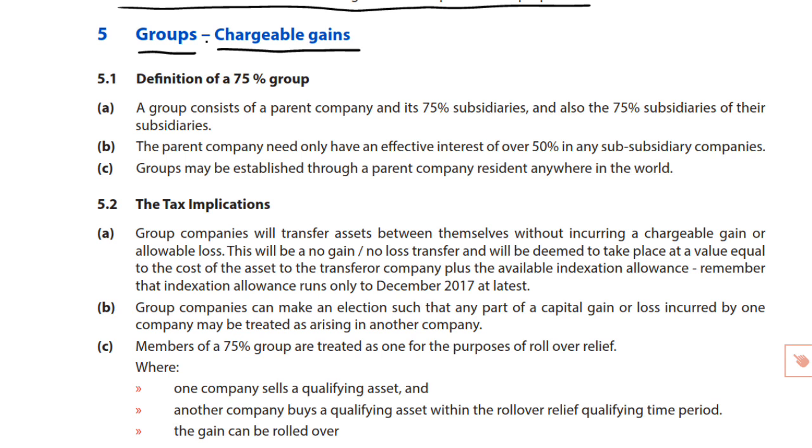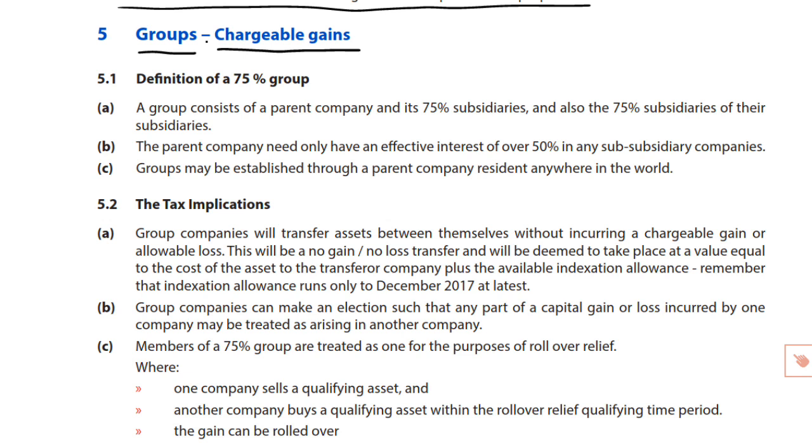Before we look at the detail of what these rules are, we will discover that there is one rule that says if group companies do this, then this is the rule by which you deal with it. So it's not a matter of choice, it's not a matter of claim, it's not an election to be made by the companies. It is a rule which says if you do this, this is the way that it is dealt with for tax purposes.